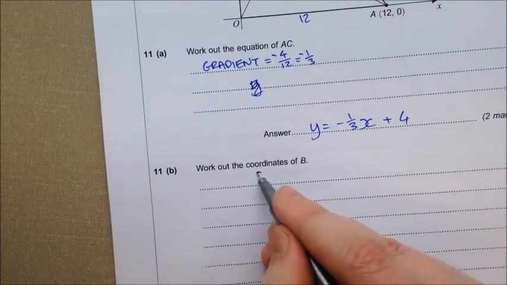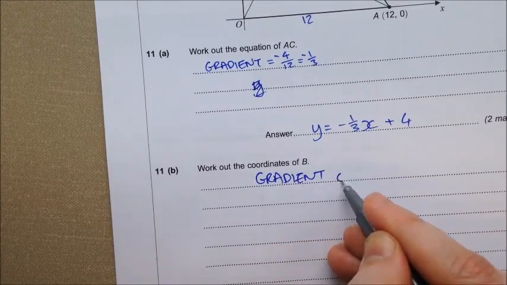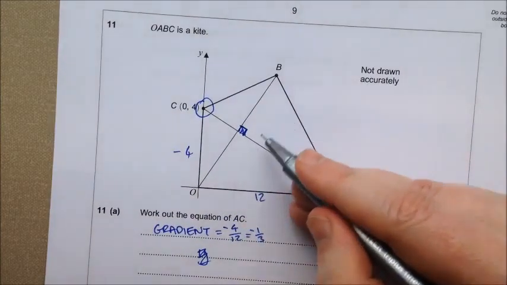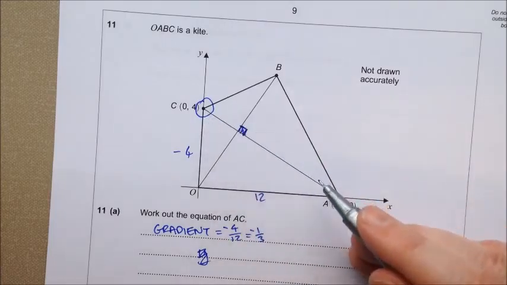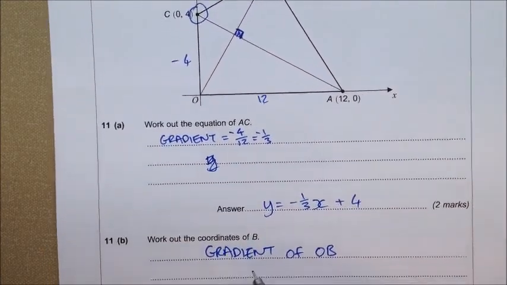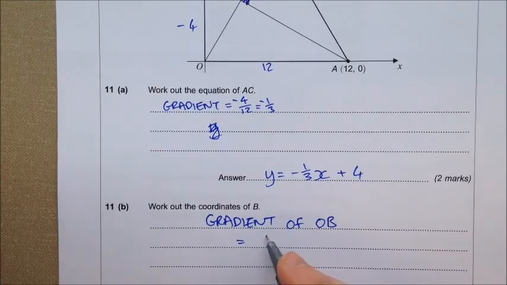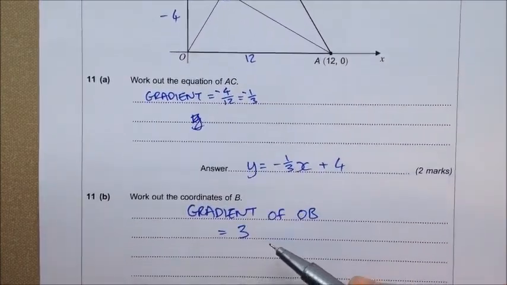So I know that the gradient of OB, this line here, is going to be the negative reciprocal of this gradient here. So it's going to be 3. That's the negative reciprocal of negative a third.